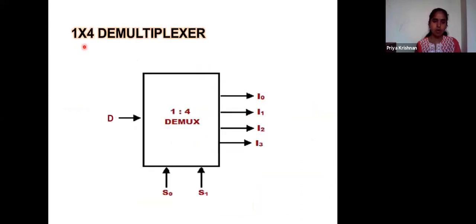So it is a 1 cross 4 DMUX. D is given here with the four outputs and 2 selection lines. If the selection lines are 0, 0, where will my D be connected? You can give your answers in the chat window.